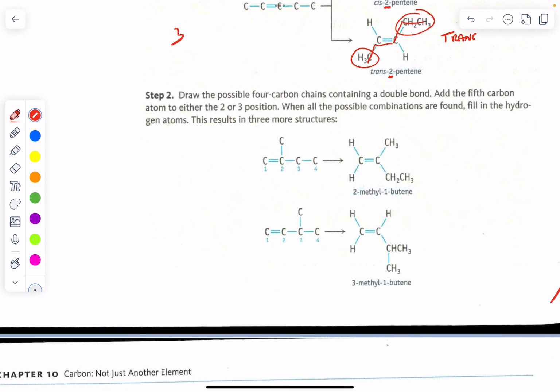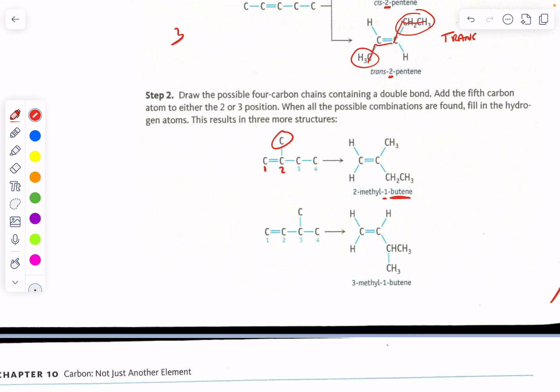Here is another example where my longest chain is only 4 carbons in a row. So even though this is an isomer of pentene, the base name is butene for the 4 carbons. The double bond is between carbon 1 and 2, hence the 1.